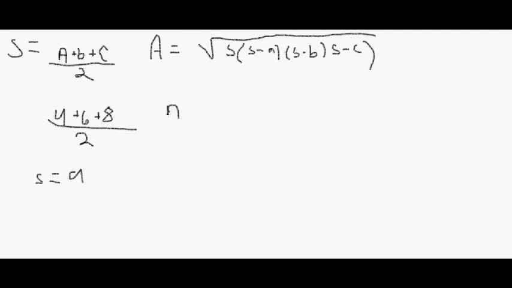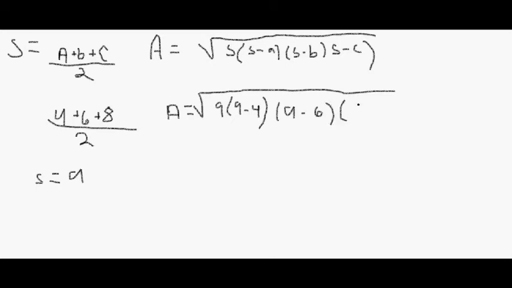So S is 9. And then one factor is 9 minus A, so we'll do 9 minus 4. Then we have 9 minus B, which is 6. Then we have 9 minus 8.